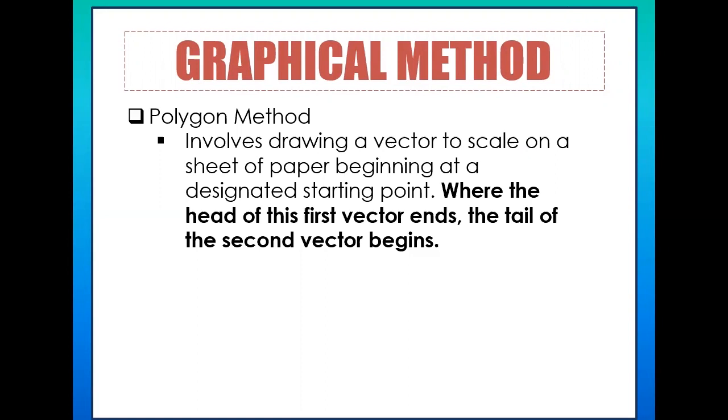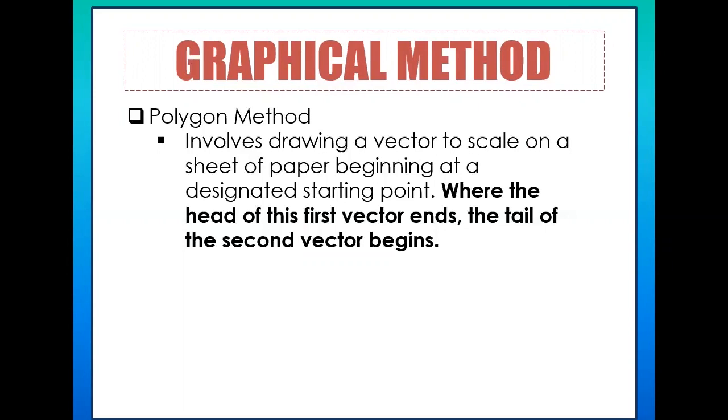Now, our focus for the meantime is the polygon method, which I called a while ago the head-to-tail method. In this particular method, we have to strictly follow a certain scale, as you learned from the previous discussion on vector and direction.